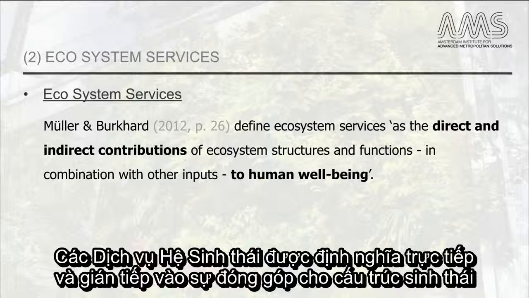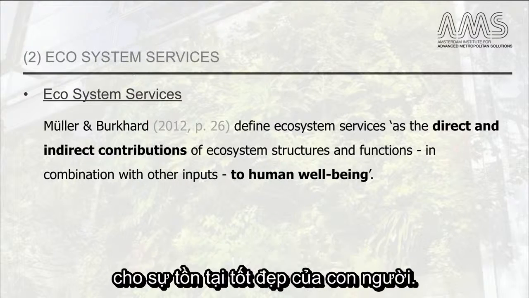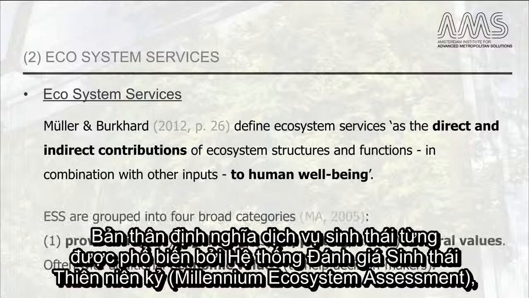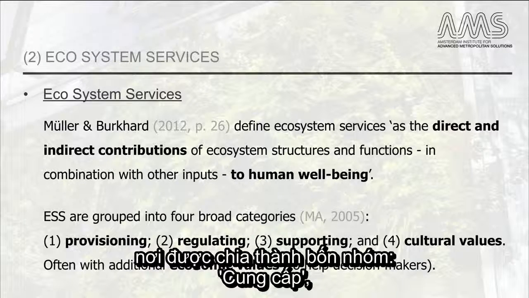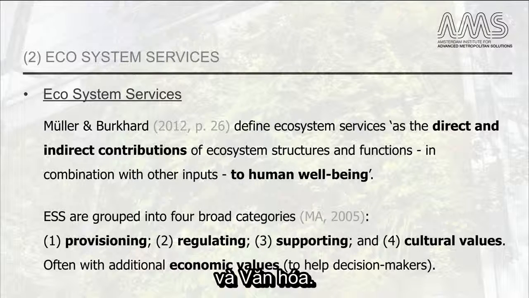Ecosystem services are defined as the direct and indirect contributions of ecosystems, structures and functions in combination with other inputs to human well-being. The ecosystem services concept itself was popularized by the Millennium Ecosystem Assessment, where it was grouped into 4 categories. The first, provisioning, then regulating, next, supporting, and finally, cultural values.